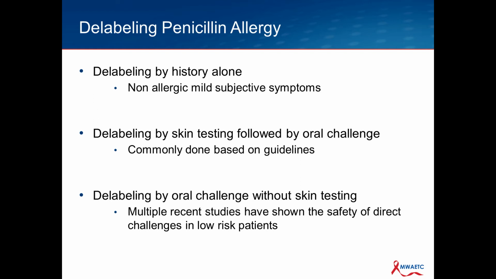If there was a minor subjective symptom like a headache or mild GI upset without any other signs of a hypersensitivity reaction, it's important to consider delabeling if you're comfortable. 2, delabeling by skin testing followed by oral challenge, which is commonly done based on guidelines. And 3, delabeling by oral challenge without skin testing. Multiple studies recently have shown that oral challenges without skin testing can be safely performed in low-risk patients.